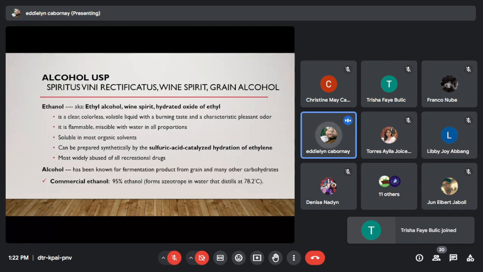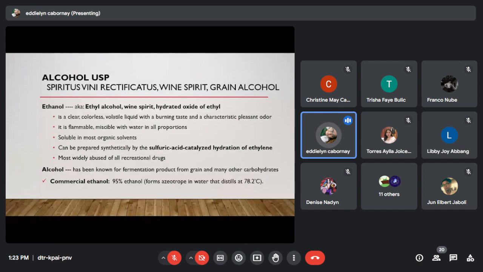It is a clear, colorless, volatile liquid with a burning taste and a characteristic pleasant odor. It is flammable, miscible with water in all proportions, soluble in most organic solvents, and can be prepared by the sulfuric acid catalyzed hydration of ethylene. It is the most widely abused of all recreational drugs. It has been known from the fermentation of grain and many other carbohydrates.